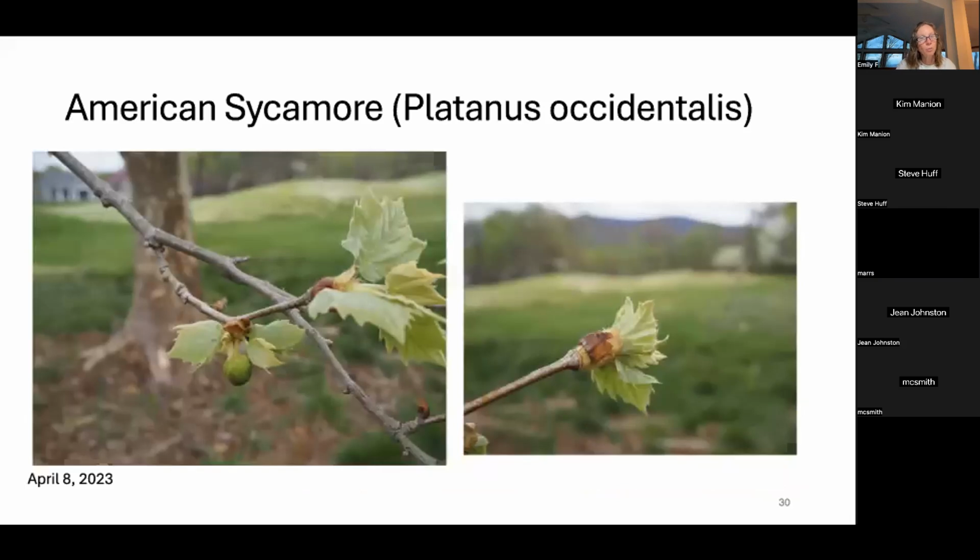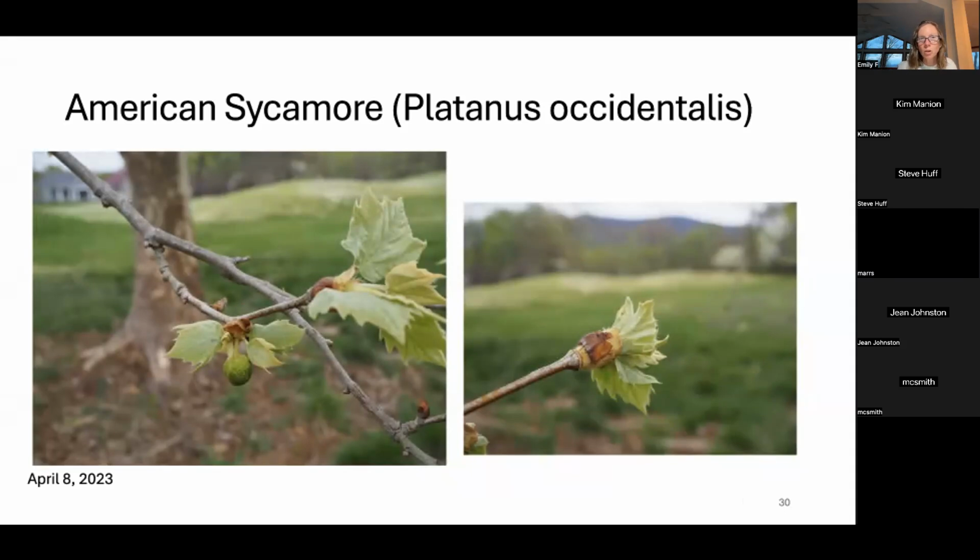Next up is the American sycamore. This is also going to be something that we find in a wet area like stream banks and rich bottomlands. And this is the bud break that looks like it is pushing out all sorts of leaves. And within those leaves, you can see over here, we're starting to get the female reproductive piece that's hanging out there.